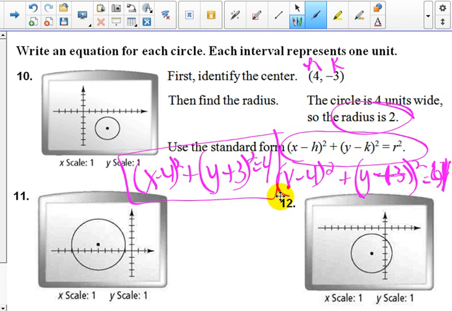Okay, so I'm going to give you about 3 more minutes to do the last 2 problems, and you'll do it just like this. Identify your h and your k and your r, plug it into the formula, and finish 11 and 12. This will conclude our lesson, and tomorrow we'll do the back side of the page.